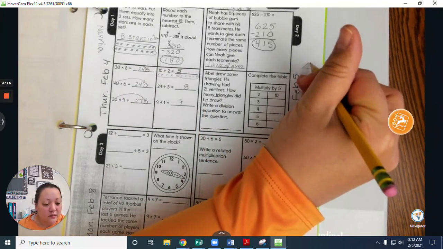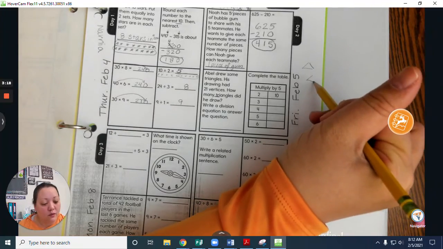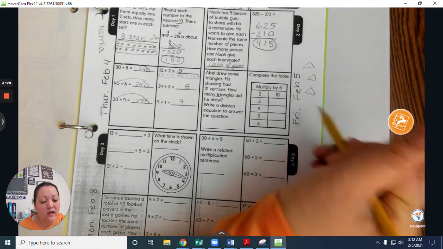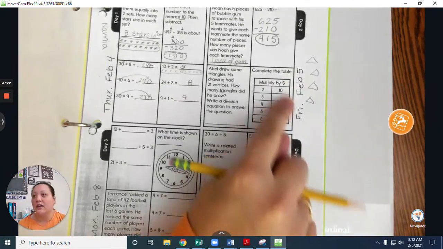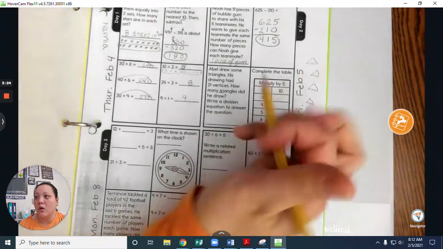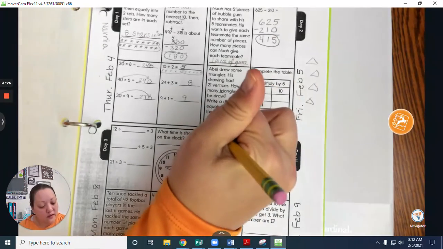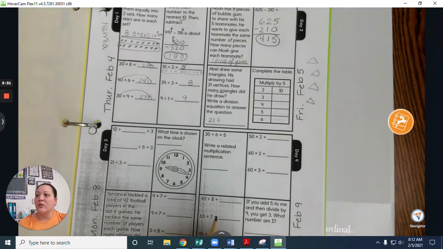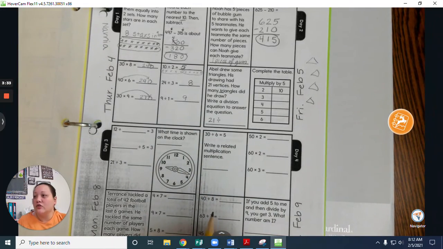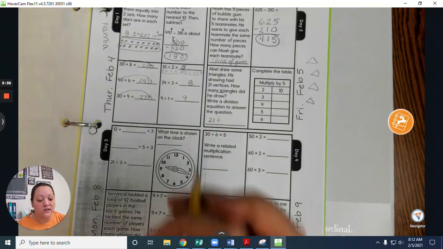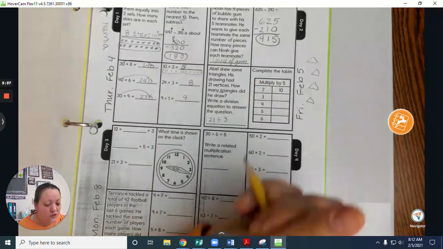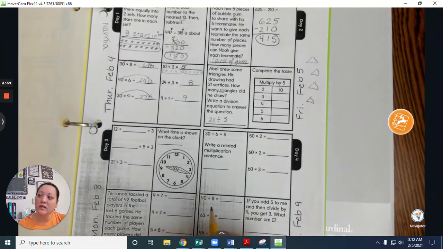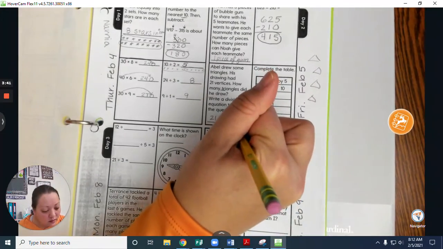So if I did this, that'd be like 1, 2, 3, 4, 5, 6, 7, 8, 9, 10, 11, 12. I could go on and on. Or I know that he started with 21, and then we're trying to figure out how many triangles he did. And a triangle has 3 sides, so each triangle has to have 3 sides, so it would be 21 divided by 3.